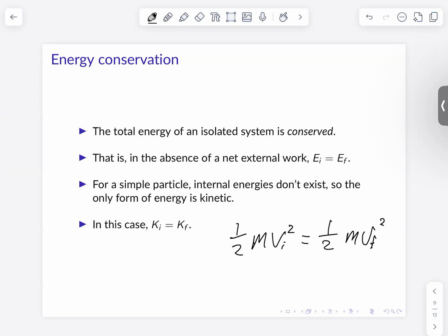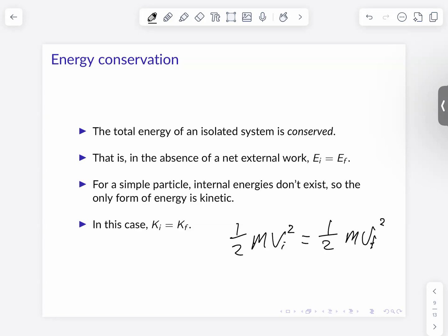If you have equal mass carts coming in and bouncing off each other, you should be able to see that the initial kinetic energy of a cart and the final kinetic energy of the cart don't change if they're bouncing straight off each other. They exit at equal speeds, opposite directions, opposite velocities. Does that make sense? If the velocity just switches sign, if you just turn around, that's not changing your kinetic energy.